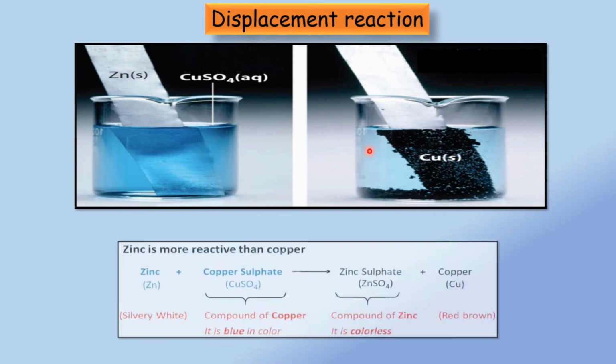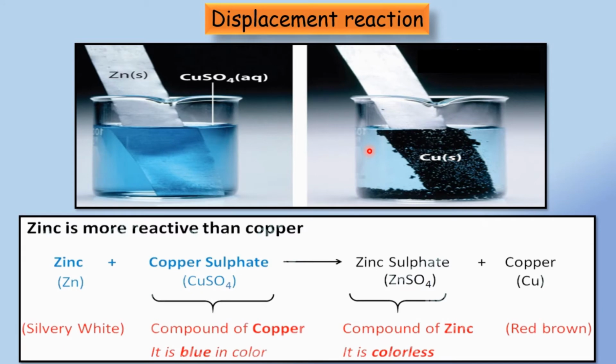So here, from that, we have learned that the Zn2+ ion formed from Zn atom takes the place of Cu2+ ion in copper sulfate, and Cu atoms formed from Cu2+ ion come out.